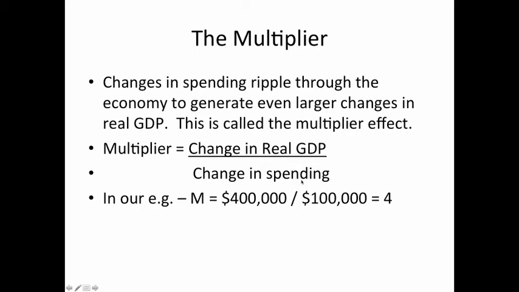So from our little example there, our multiplier would have the value of 4 because the change in GDP totaled $400,000. That original change in spending that kick-started the whole process was $100,000. So the $400,000 change in GDP divided by the $100,000 change in spending creates this multiplier with the value of 4.